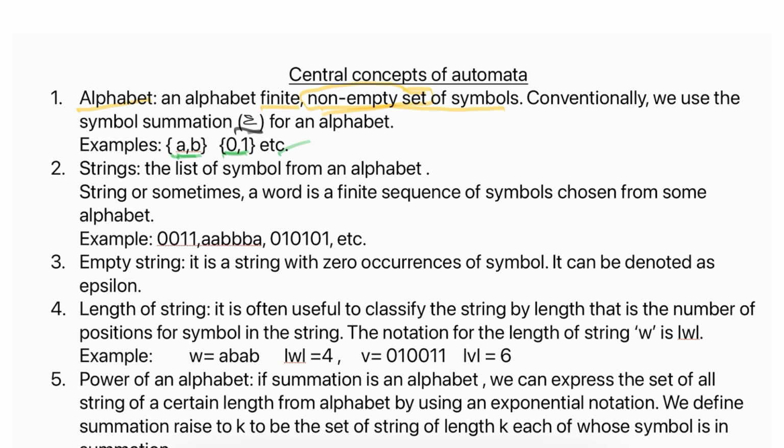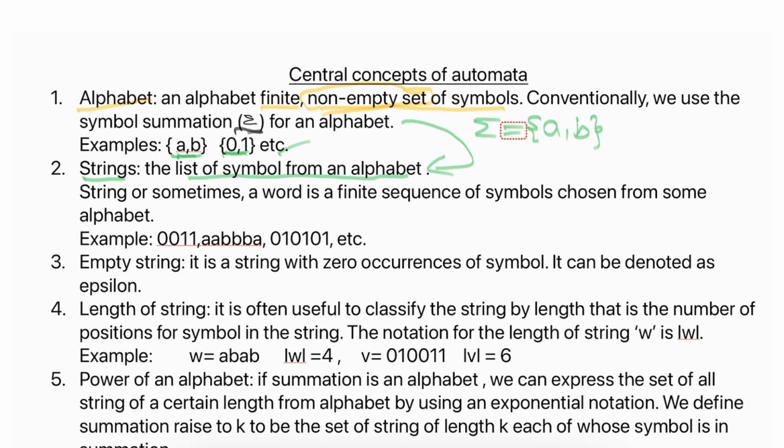The next concept is strings. What are strings? Strings are nothing but a list of symbols from an alphabet. Out of this alphabet only we are going to frame the strings. Here the alphabet is with the combinations of A's and B's.